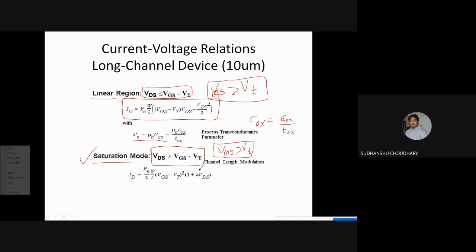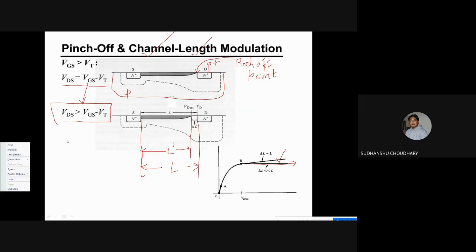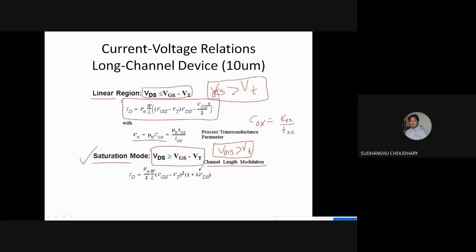And in saturation, we had seen channel length modulation. That is, my channel length was reducing. The channel length was becoming small, because of which I said the drain current is increasing. So why is the drain current increasing? Because of this channel length modulation, the channel length is becoming small, and the channel length is present over here in the drain current equation.